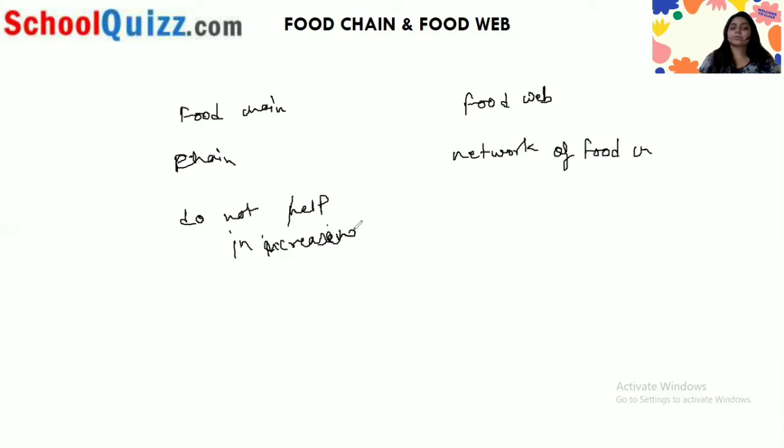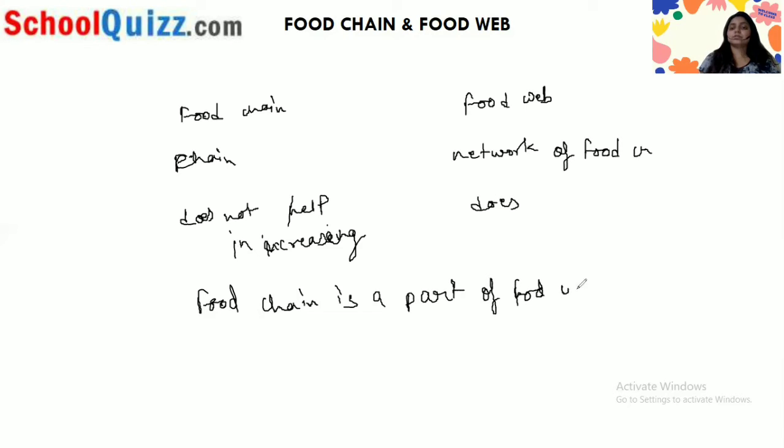The food chain is a part of the food web. In the food chain there are a maximum of four or five levels, but in the food web there is no restriction on the levels.